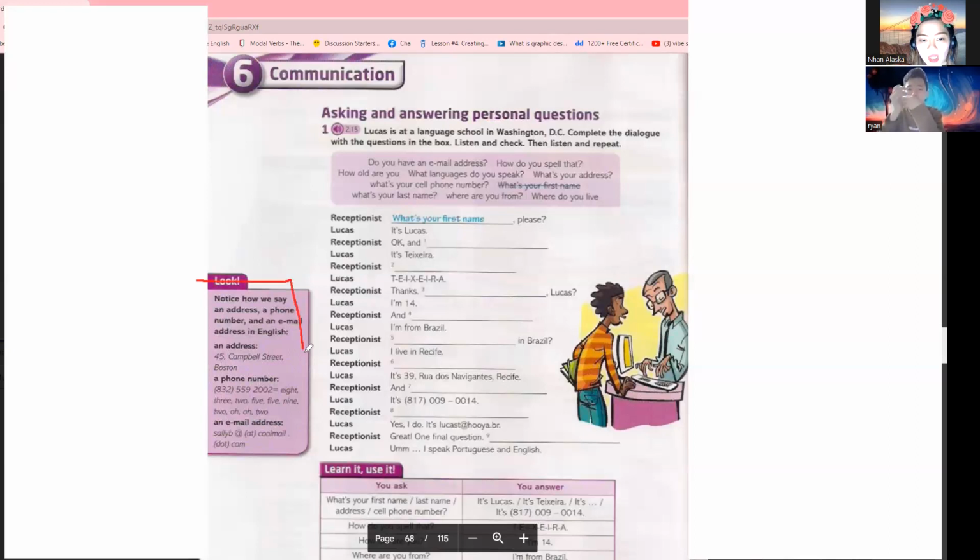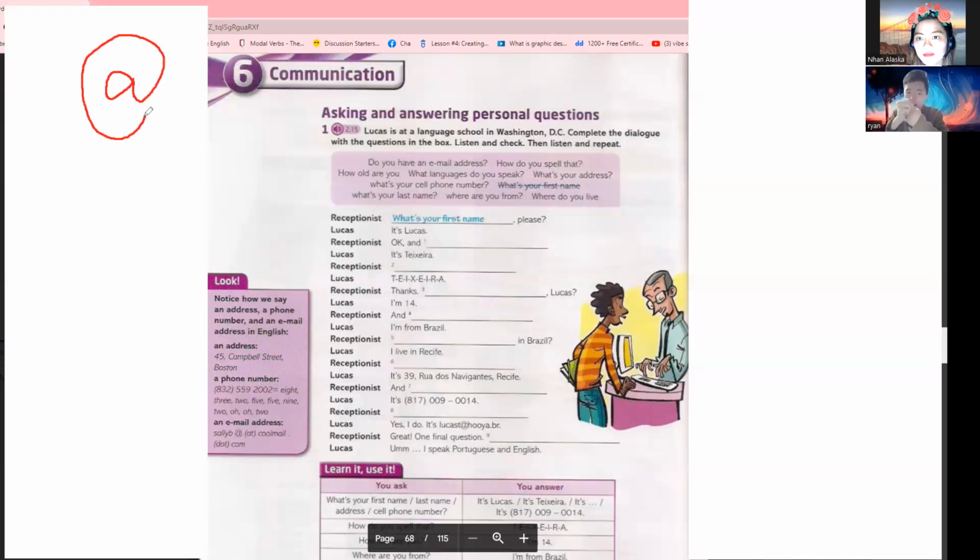So what are the things that are personal or private? Of course the address, the phone number, and the email address. How do you read this symbol in English?